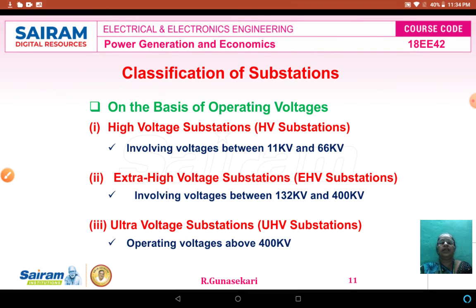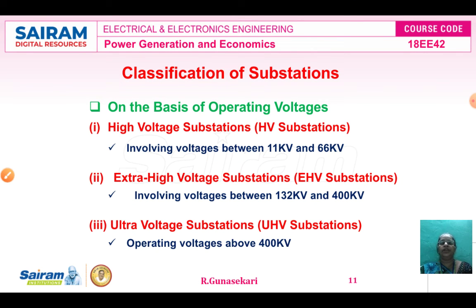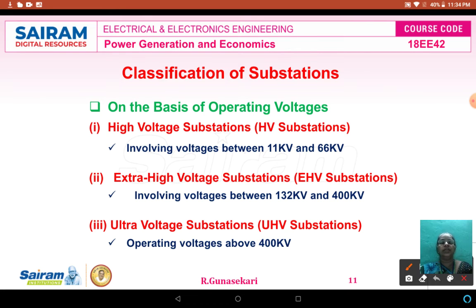Okay. Then next, operating voltage. We already covered the classification, now we will study it in detail. Operating voltage, high voltage means what? The voltage range between 11 kV and 66 kV. That means 11 kV, 22 kV, 33 kV and 66 kV.